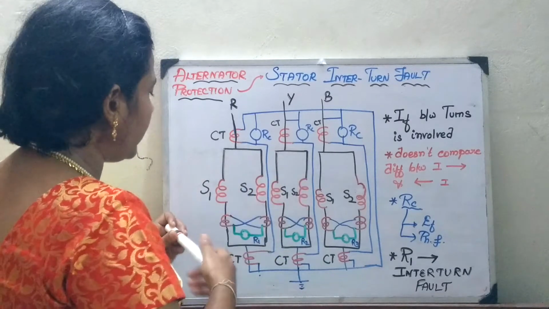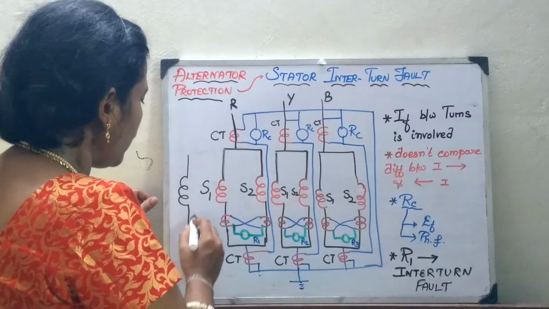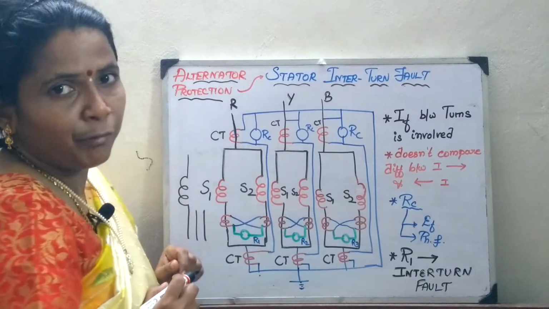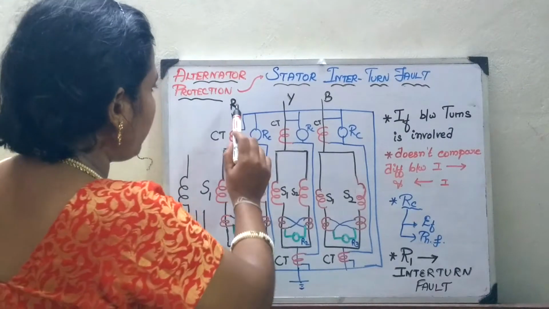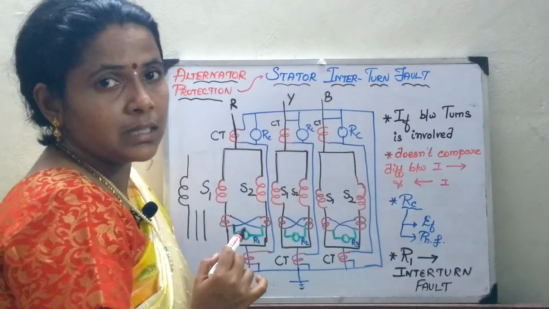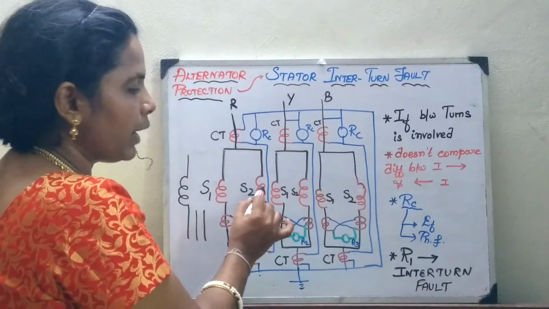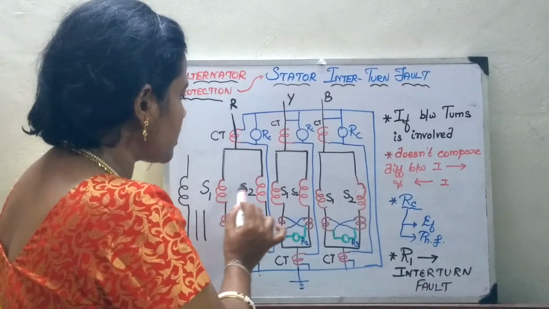This is my winding. In the last diagram, we just drew the alternator winding passing through the three phases: R phase, Y phase and B phase. What we did in the earlier circuit, this is just your alternator winding, but here I have divided it into two.